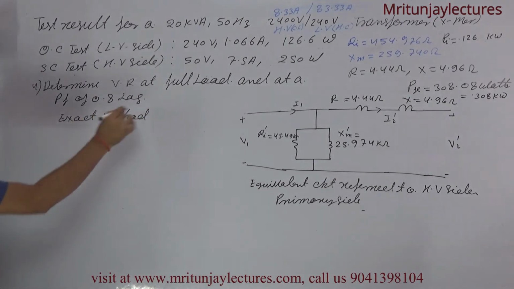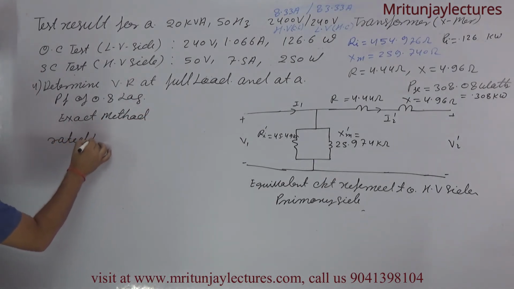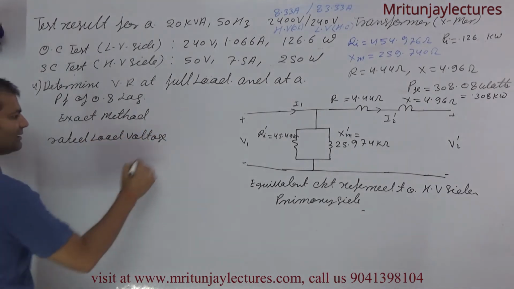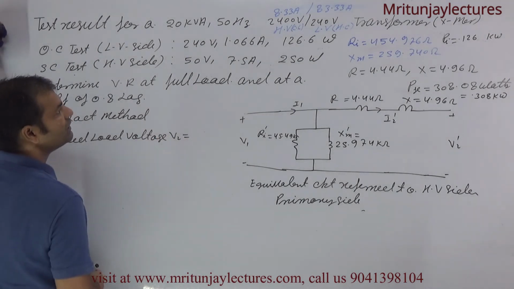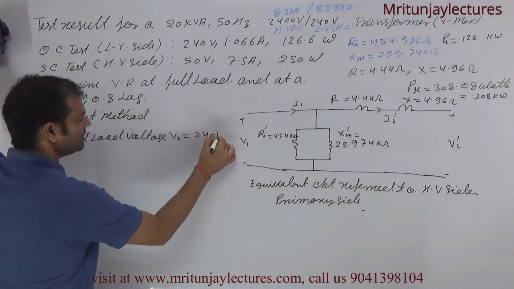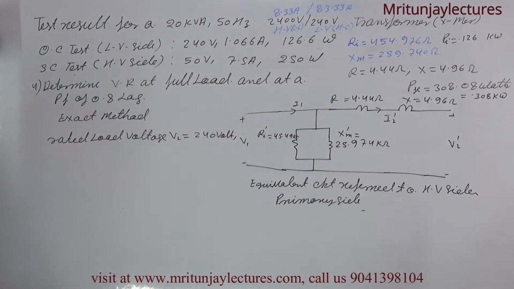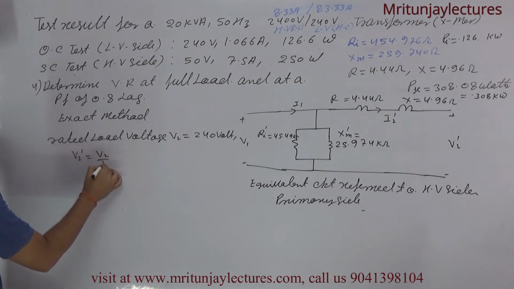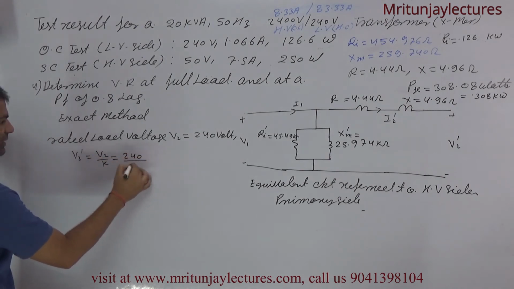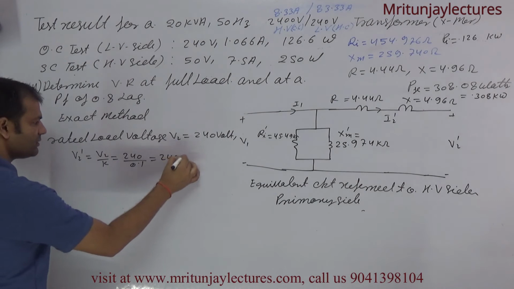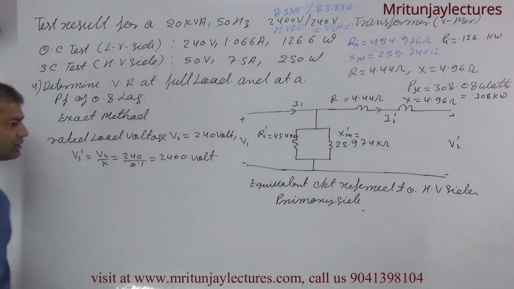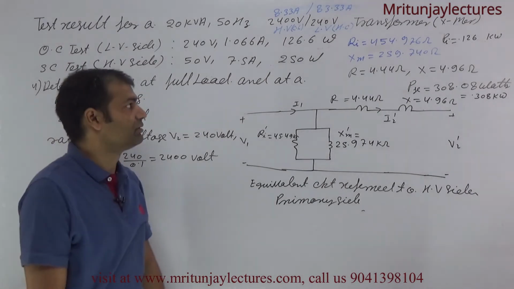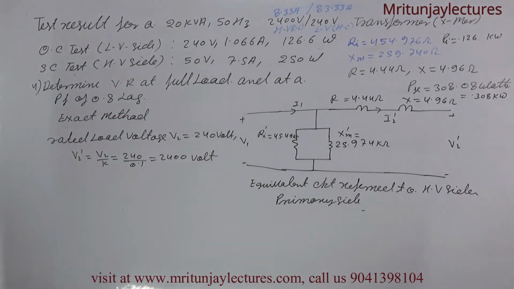Rated load voltage V2 is equal to 240 volt. V2 dash is equal to V2 by K, 240 divided by 0.1, that is 2400 volt.